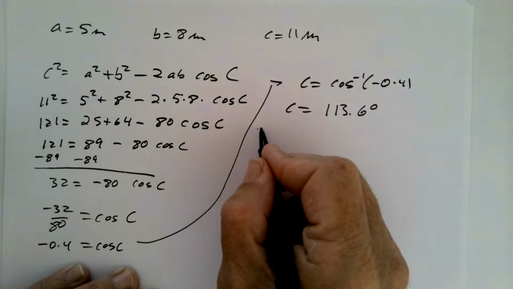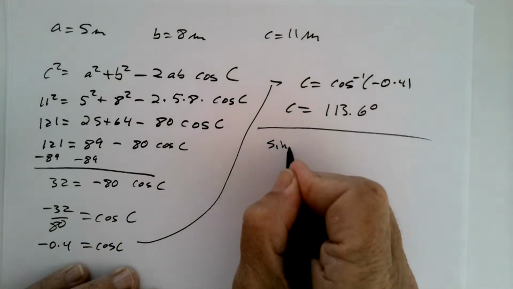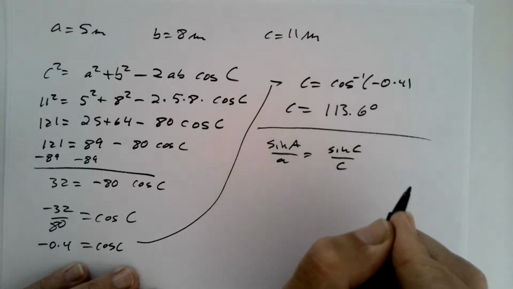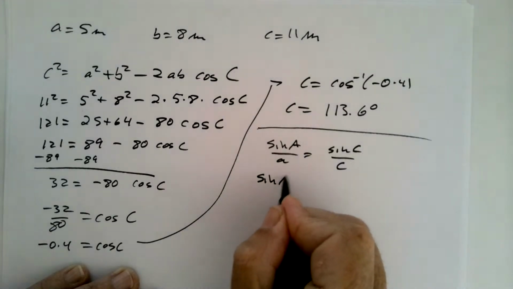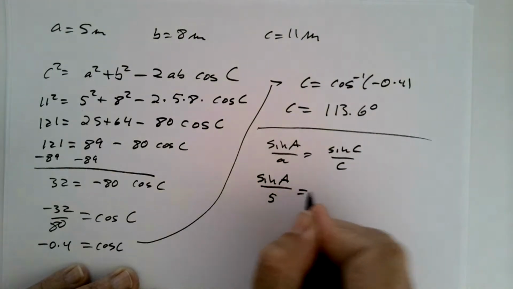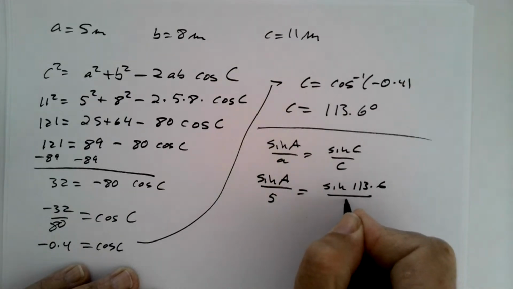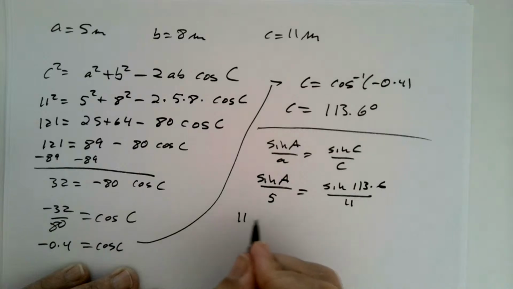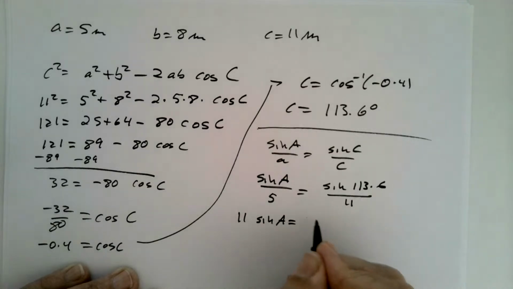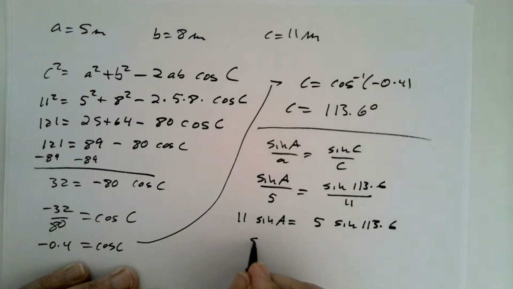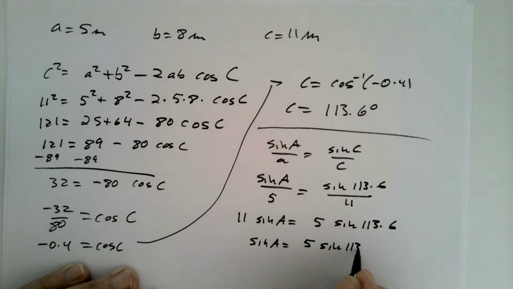So let's do A, sine A over A is sine C over C. I don't know what A is. Sine A over little a, which is 5, is sine C, sine 113.6, over little c, which is 11. 11 sine A is 5 times sine 113.6. Sine A is 5 times sine 113.6 divided by 11.